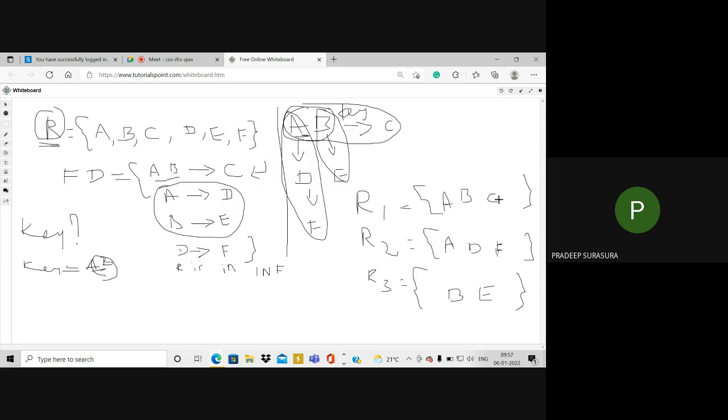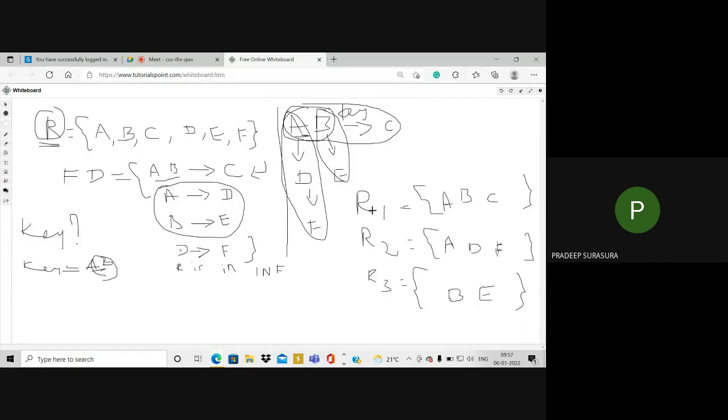AB determines C. You have A here, so these two tables are related with A, and similarly these two tables are connected with the help of B. It means each of the tables has some attributes which are common. Do not forget that.